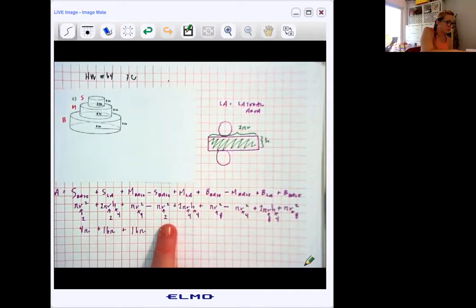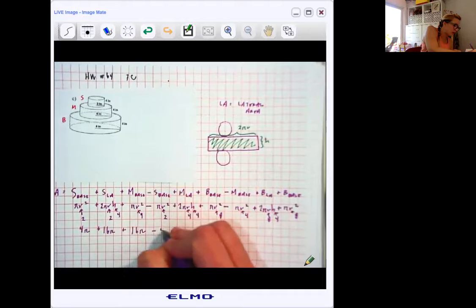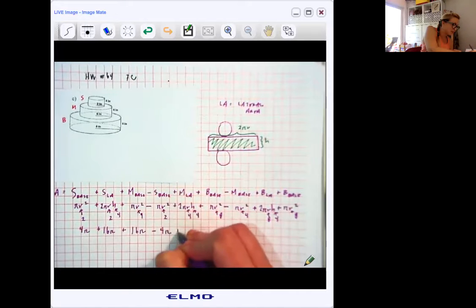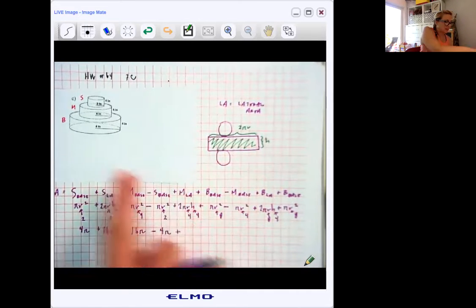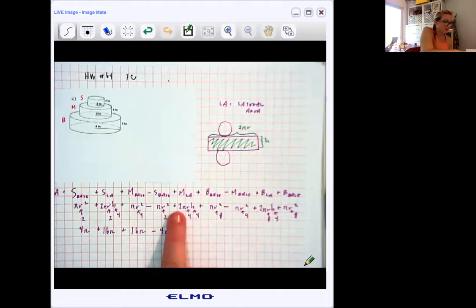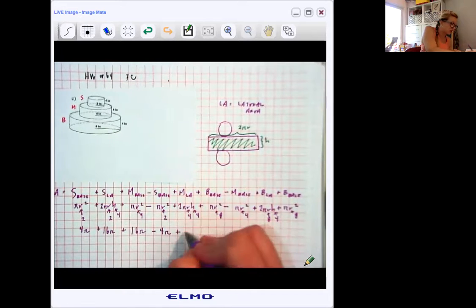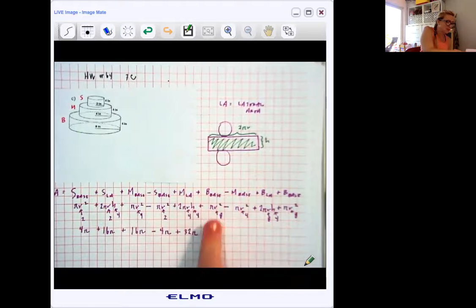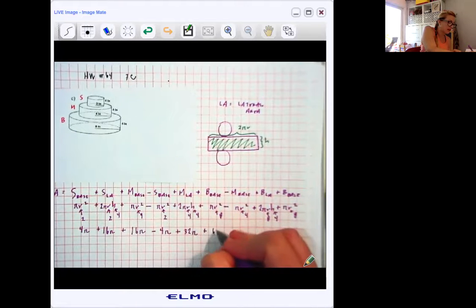And then I have to remove that small base, so I'm subtracting 4 pi. That middle tier here, 2 times 4 times 4 is 32, so adding 32 pi. The big base, 64 pi.